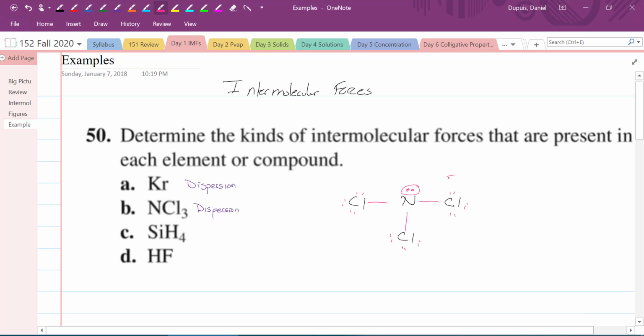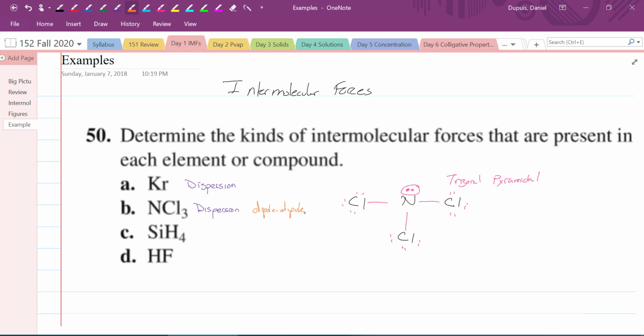Got one lone pair. This is trigonal pyramidal. So by the definition, it's going to be slightly polar. It will have dipole-dipole. It's slightly polar, but we're going to consider it polar for our course.